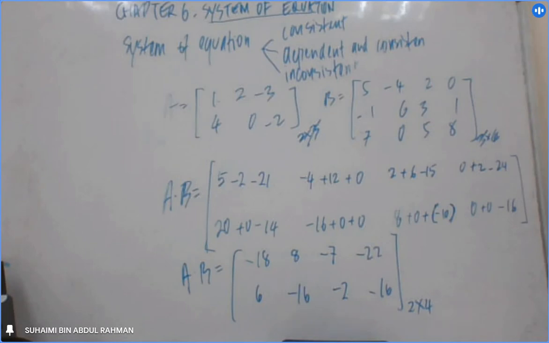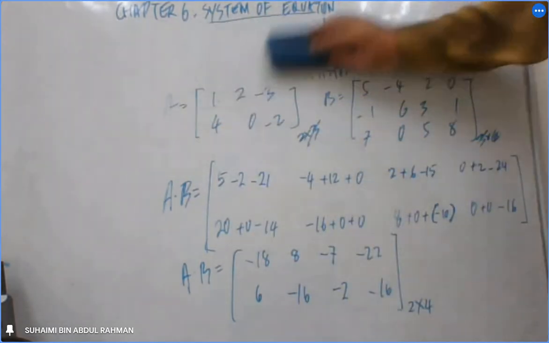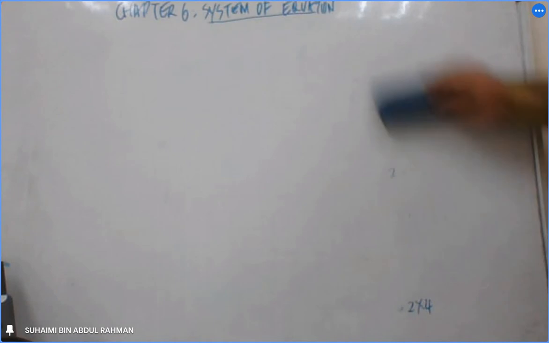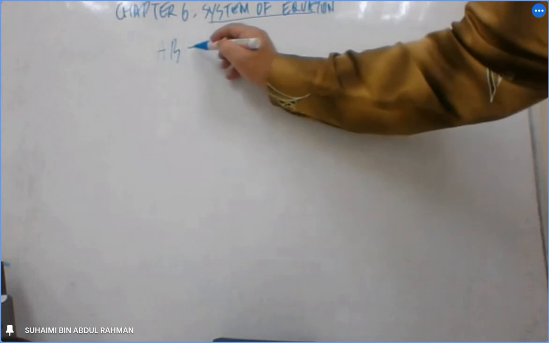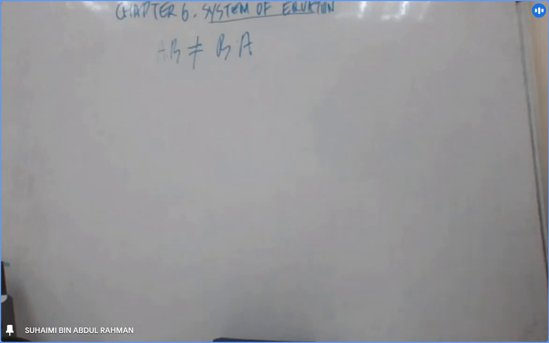And remember that matrix multiplication is not commutative, meaning that AB is not equal to BA. For real numbers, yes, AB equals BA, but for matrices, matrix A multiplied by matrix B is not the same as matrix B multiplied by matrix A.